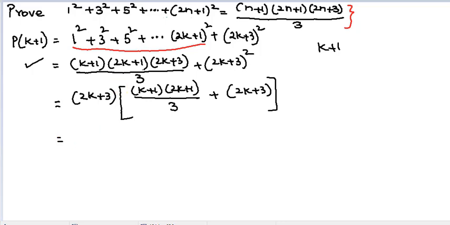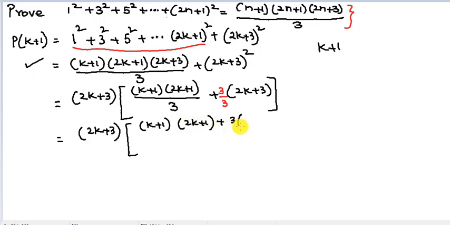Then I know you will not be offended if I just multiply it by 3 and divide by 3 to get a 3 as a common denominator. So 2k plus 3, so it is k plus 1, 2k plus 1 plus 3 times 2k plus 3, and the whole over 3, right?